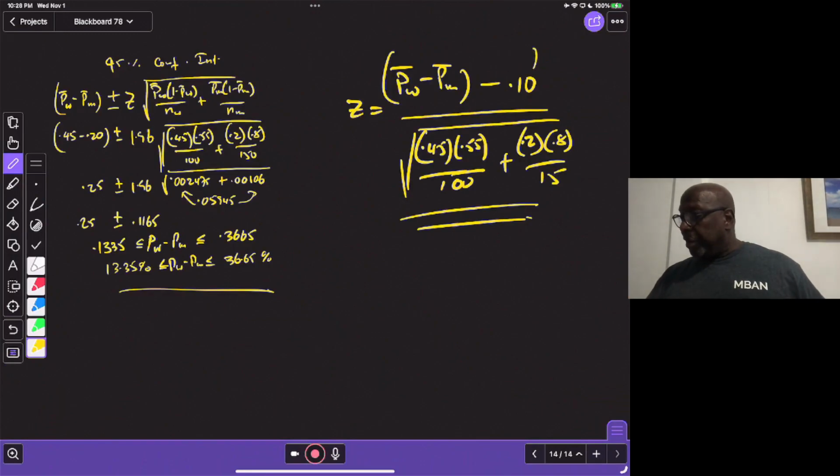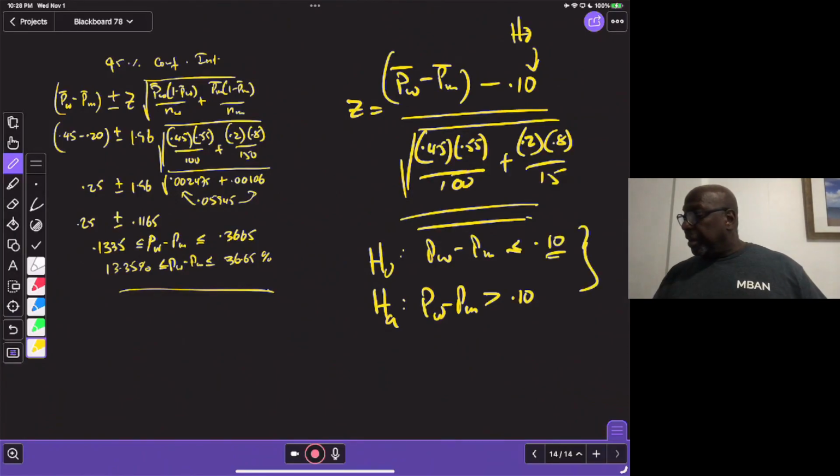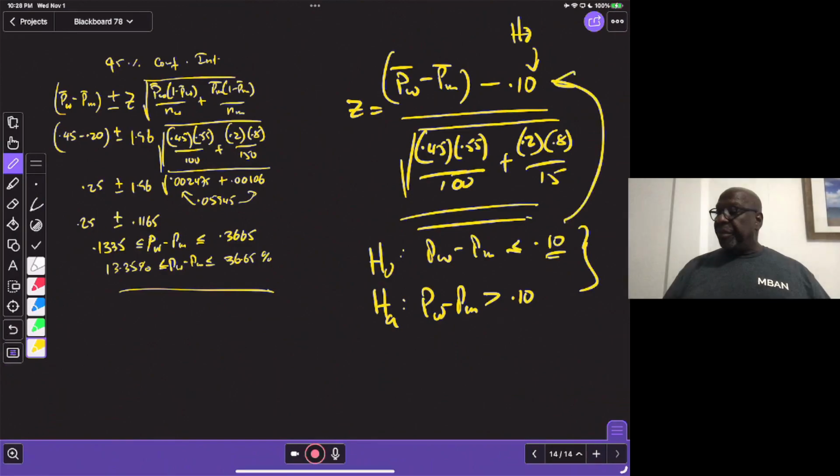Remember, that would actually come from our null hypothesis, since we are looking for evidence that the difference is greater than 10%. So your null hypothesis and your research hypothesis would look like this. PW minus Pmen is greater than 10%, versus PW minus Pmen is less than or equal to 10%. So that's where the 10% comes into this formula.